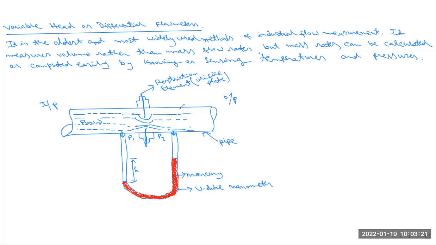Using this orifice plate, you control or measure the flow. You have to measure from here. When the input pressure comes from here in this channel, the liquid also flows. When the pressure goes down, one measurement we take from here.